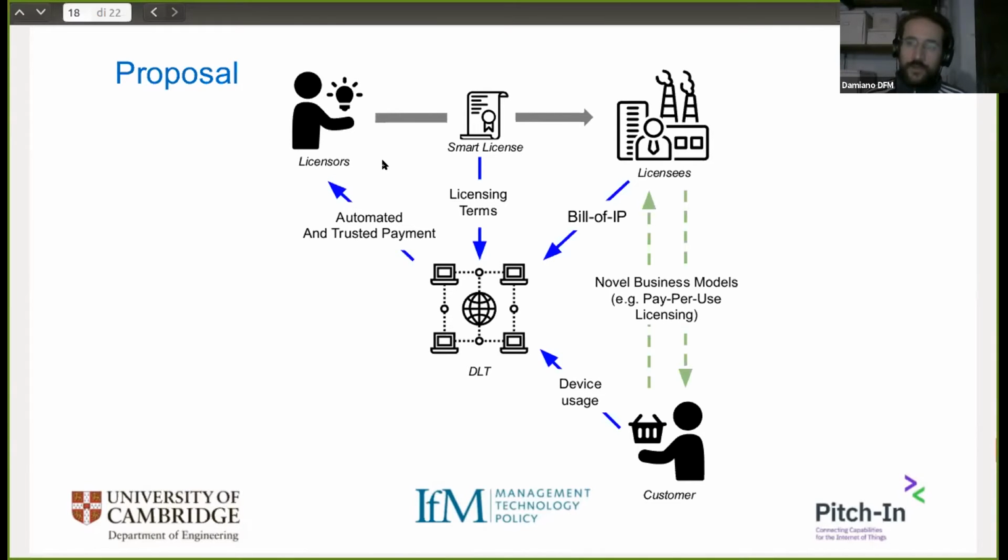This opens us up to new business models in licensing that are not possible today, or in most cases are too complex to actually be carried out in practice. For example, the pay-per-use licensing model. So a user can be asked to contribute to the payments, to the reward of the original inventor. And of course, the main contribution of our proposal is one of simplicity.